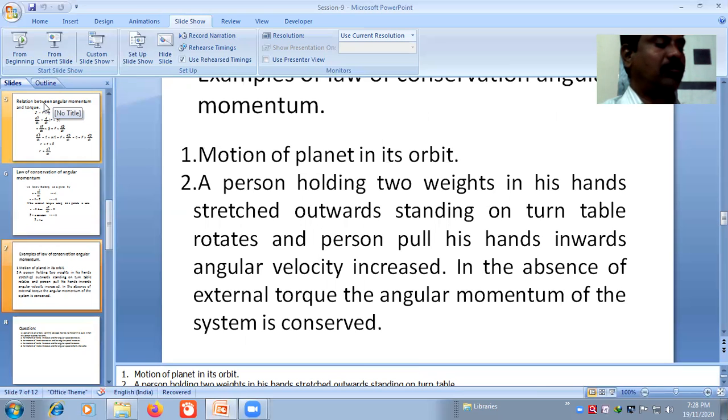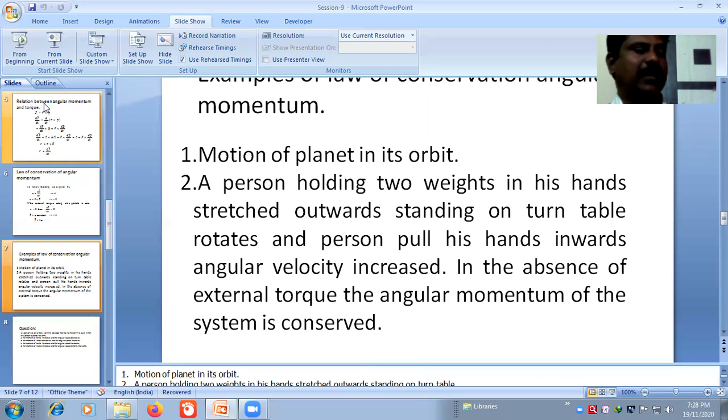The angular momentum of the Earth moving around the Sun is conserved. Whatever the angular momentum of the Earth is, it is conserved while moving around the Sun.